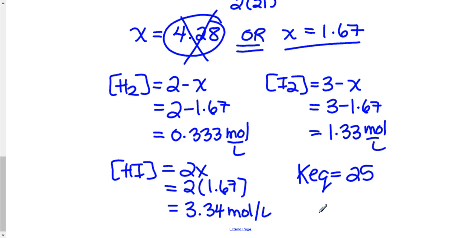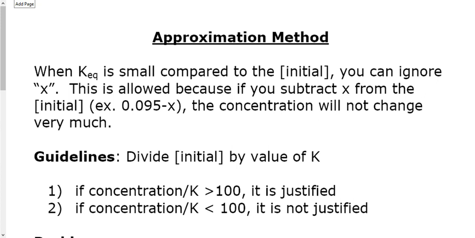The last problem that we're going to take a look at has a different K value. It's a smaller K value, and that's one that's a little bit different than these two examples. So let's flip to the last problem, and we have to use a special method to solve this one. But let's just do a quick review again of K. So what happens when KEQ is less than 1, so a small number?